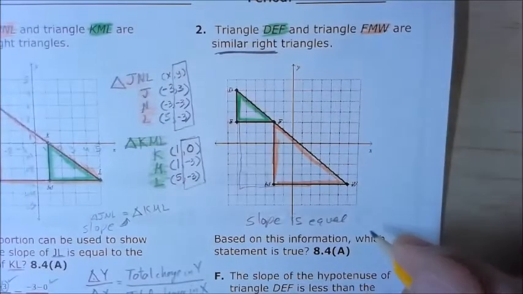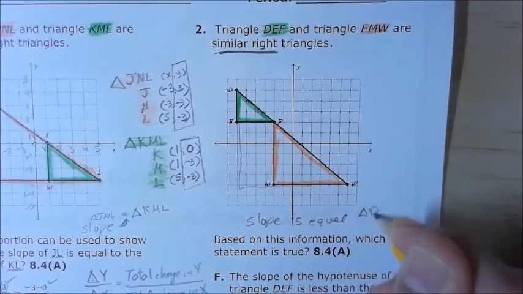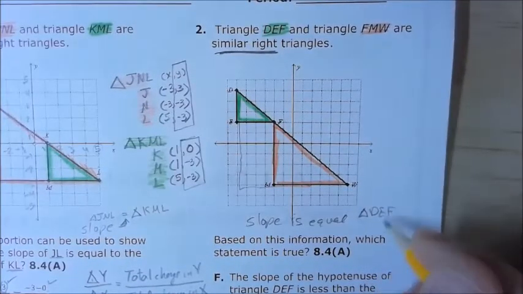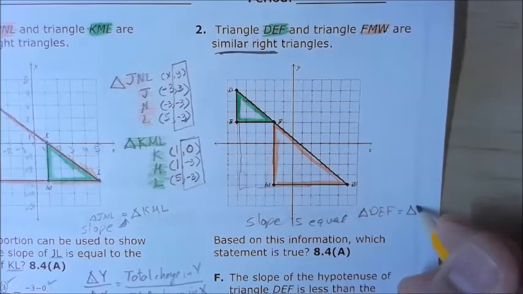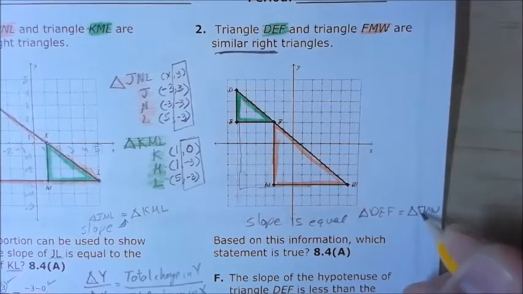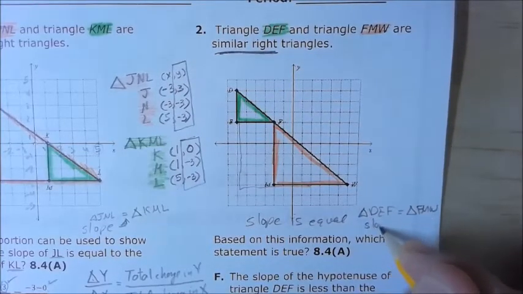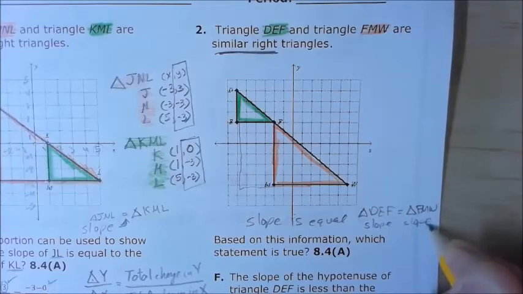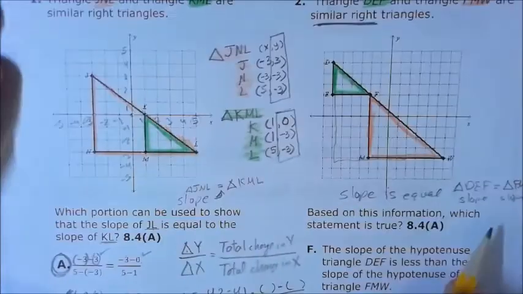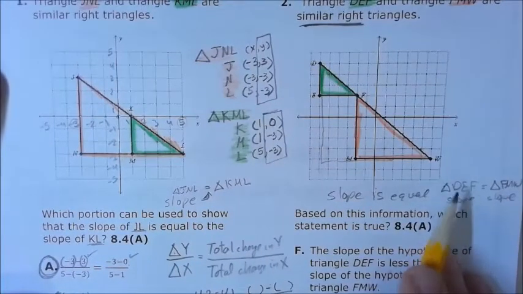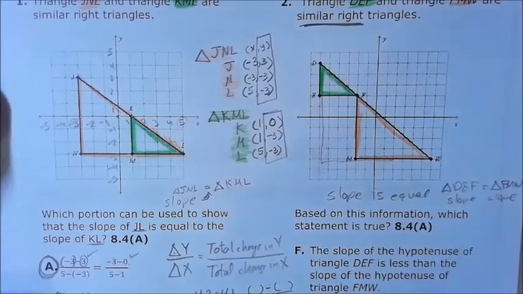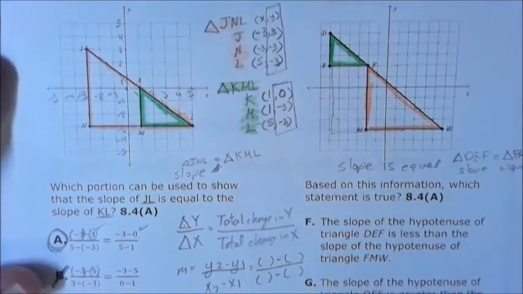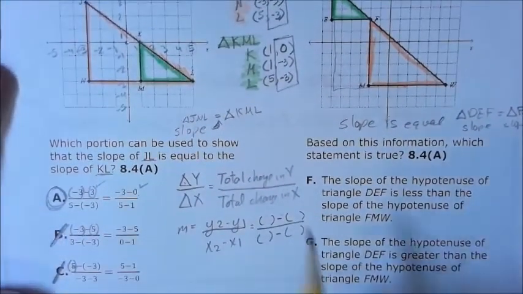In other words, triangle DEF slope is equal to triangles FMW slope. So I'm going to put slope and slope. So we should just go into this question with that in mind. Triangle DEF slope is equal to triangles FMW slope. So with that being said, let's read all these statements and see if we can find one that's true.